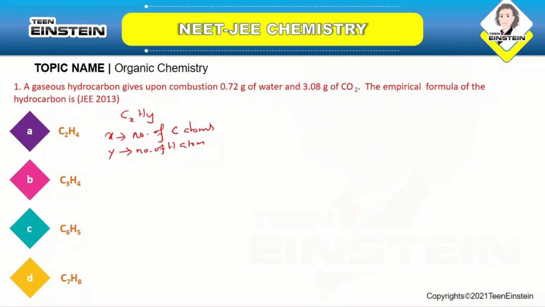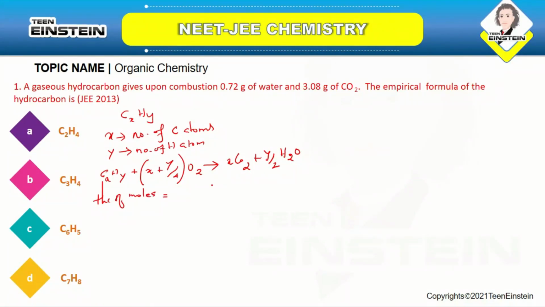So for a gaseous hydrocarbon, the combustion reaction can be written as: the unknown hydrocarbon CxHy plus (x plus y by 4) O2 gives carbon dioxide and water molecule.